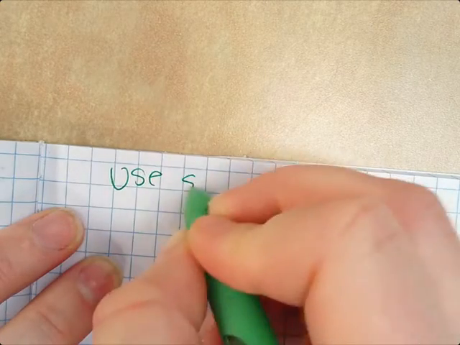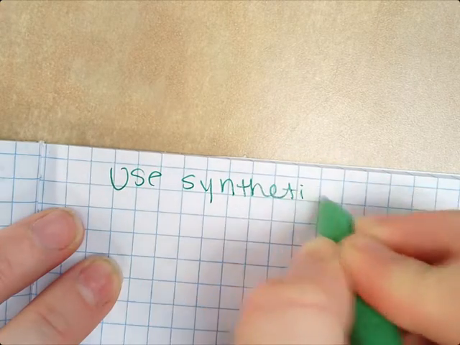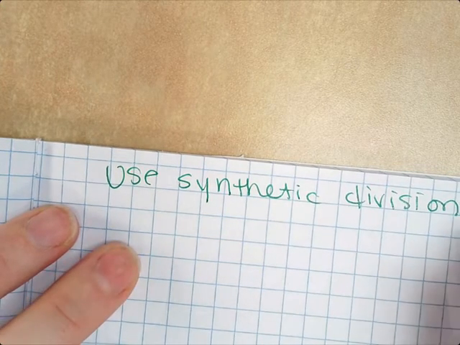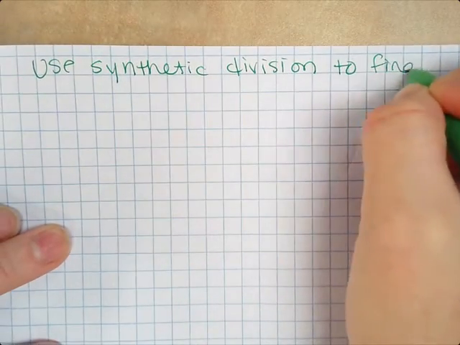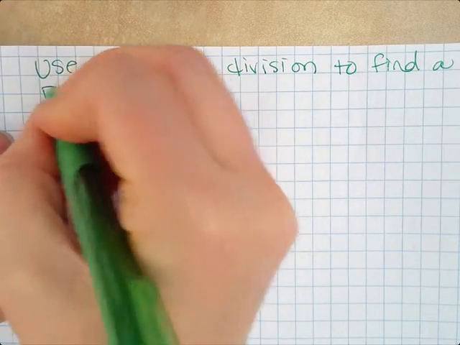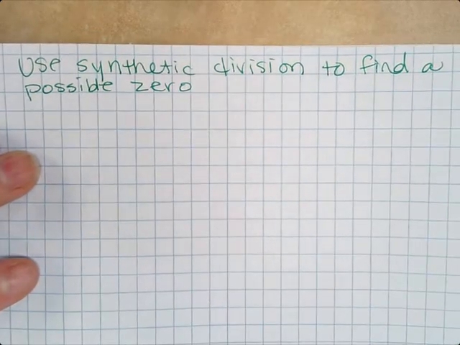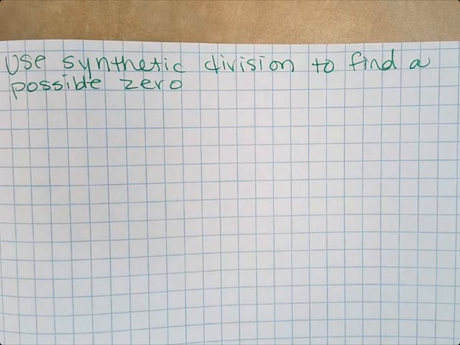Okay, let's go back to our notes real quick. Okay, we are going to use synthetic division to find a possible zero. So we found all the possible ones, but we need to actually determine out of those possible ones which one actually is a zero.